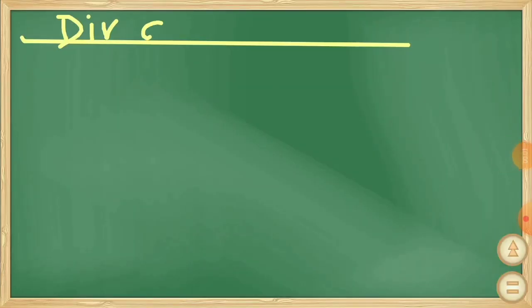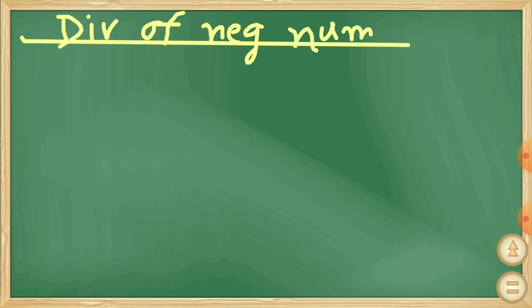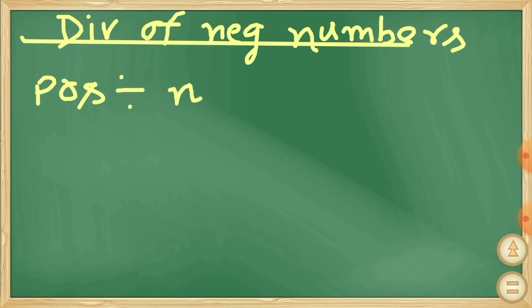Moving on, division of negative numbers. While dividing two negative numbers, or dividing any two integers, we again follow the same three rules of multiplication. If one number is positive and the other number is negative, then the quotient is negative.